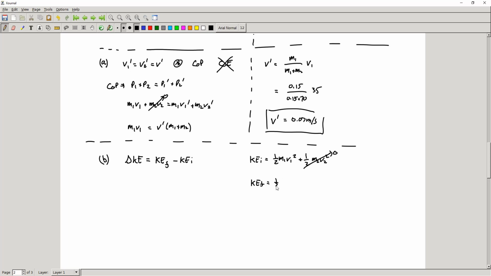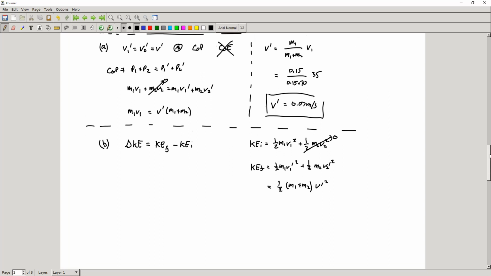Well, that's going to be 1/2 m1 v1 prime squared plus 1/2 m2 v2 prime squared, right? But again, our v1 prime and v2 prime are the same, and so I can rewrite this a little bit more cleanly in this form, right?